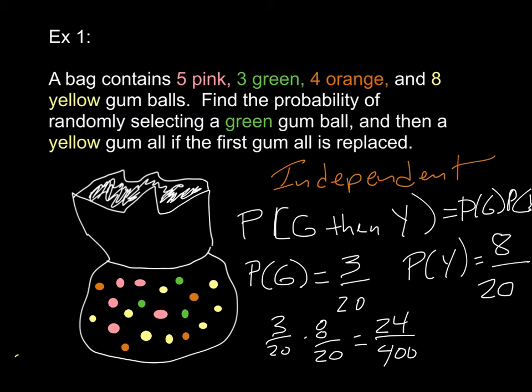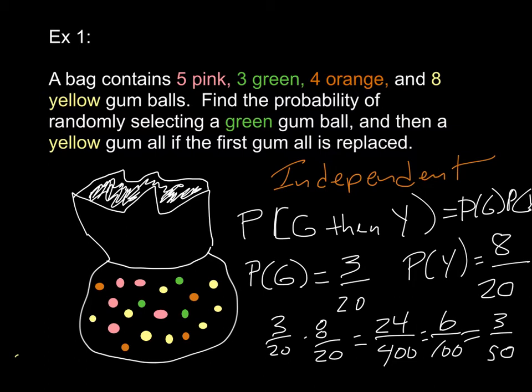We divide top and bottom by 4. That's going to give us 6 over 100, which we can reduce even more to 3 over 50. We've just computed that the probability of pulling a green and then pulling a yellow is 3/50ths, or 6%.